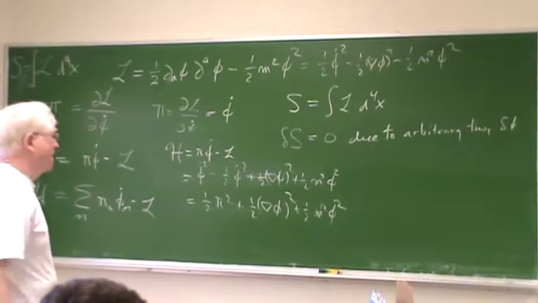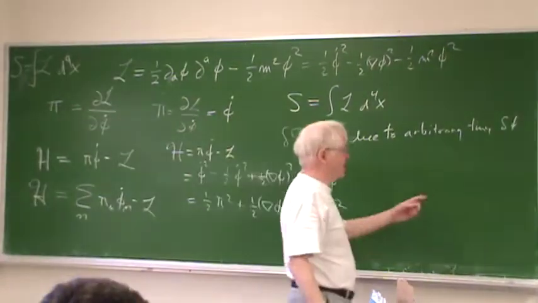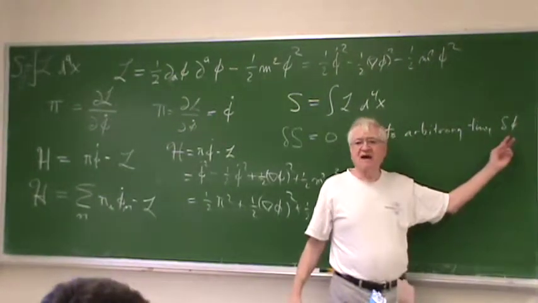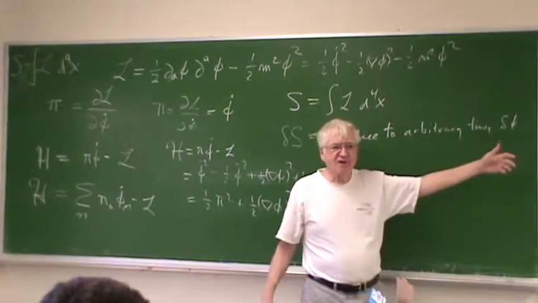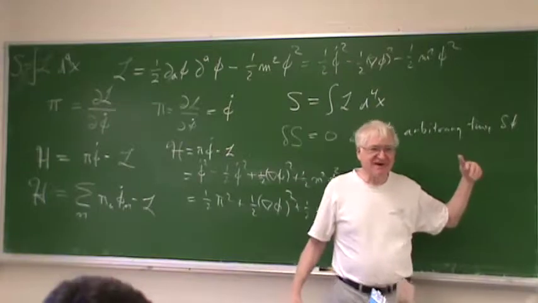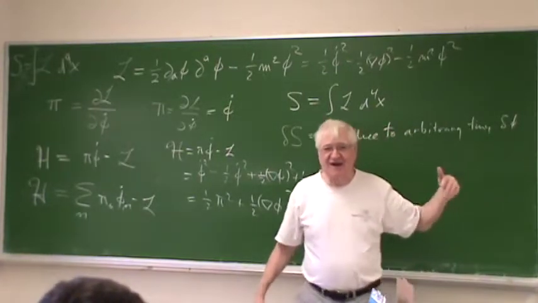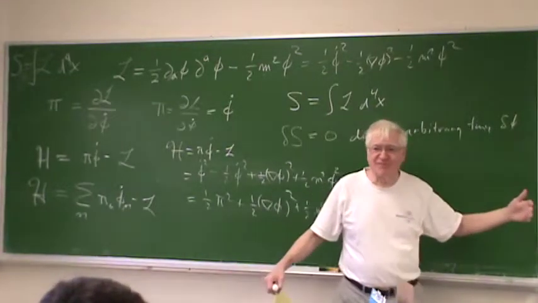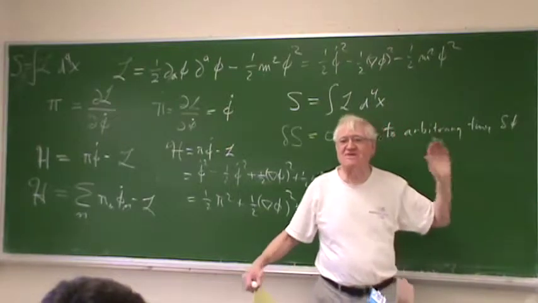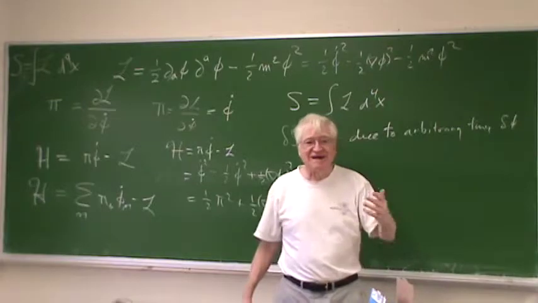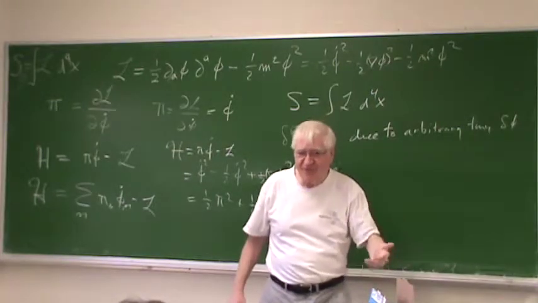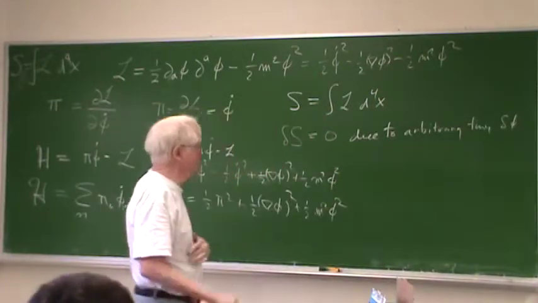Okay, so we're going to say that delta phi is non-zero only after the Civil War and only up until 2100, and only in this galaxy. And then what we'll get is equations of motion that hold now and here on Earth, which is good enough for the moment.